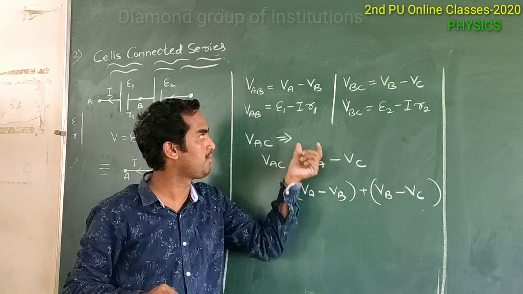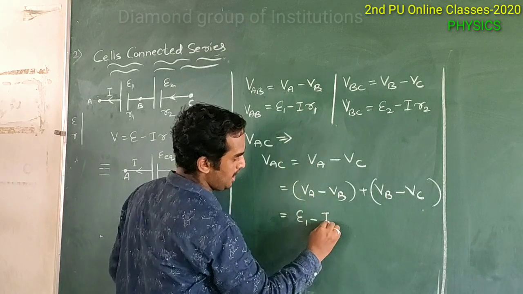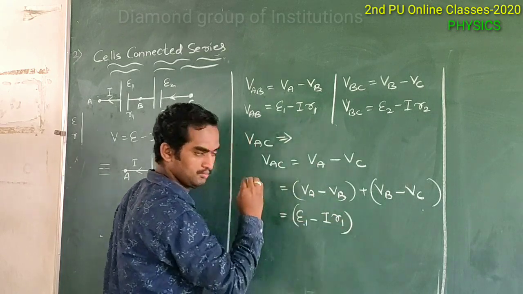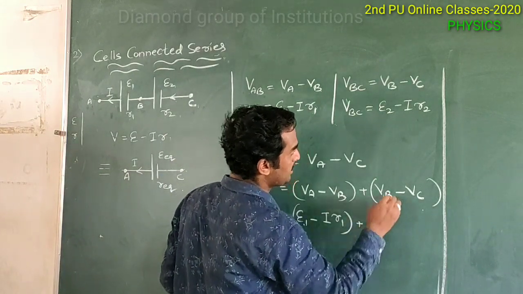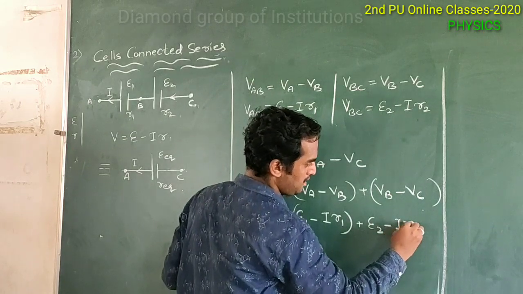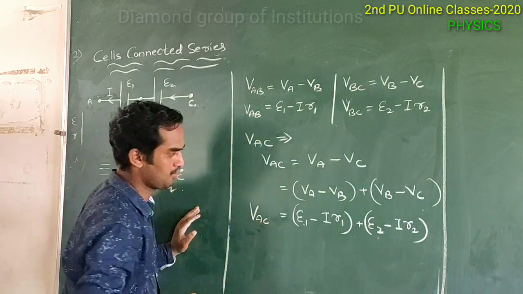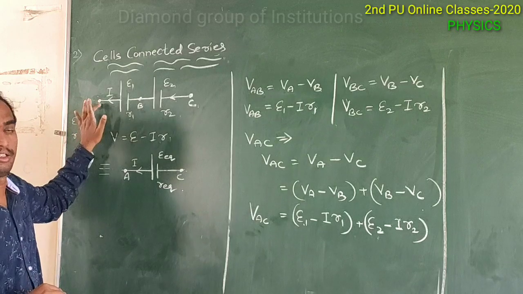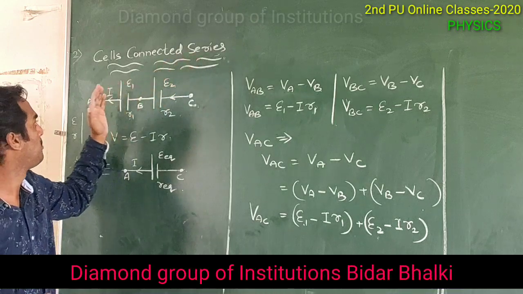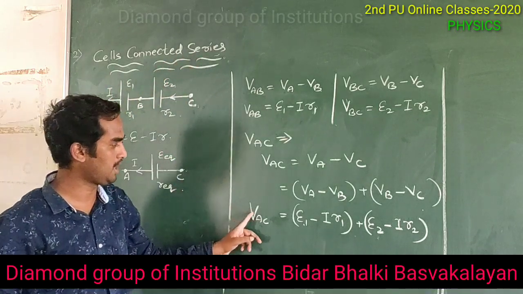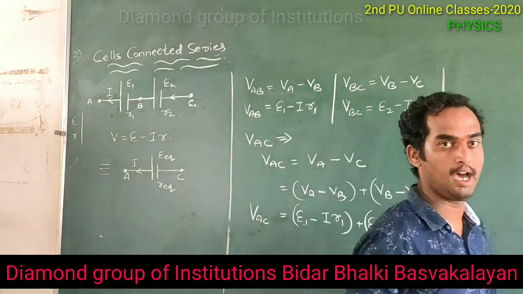So VA minus VB is E1 minus I R1, plus VB minus VC, which is E2 minus I R2. Finally, we are calculating the potential difference across the two cells connected in series between the points A and C. So VAC equal to E1 minus I R1 plus E2 minus I R2.